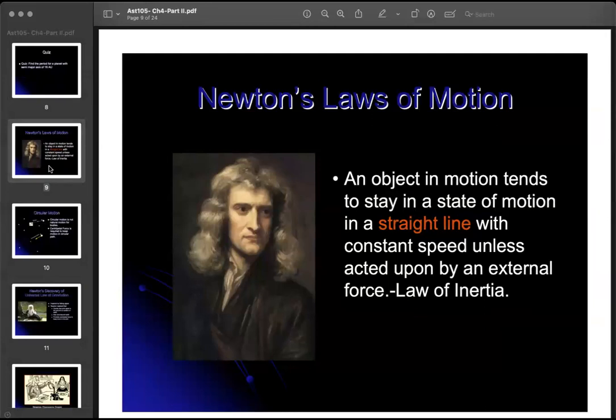So this is not laws of planetary motion, but laws of motion, and these describe the motion of things anywhere, not just planets. He showed how the same principles that describe the motion of objects on Earth can be used to describe the motion of planets.